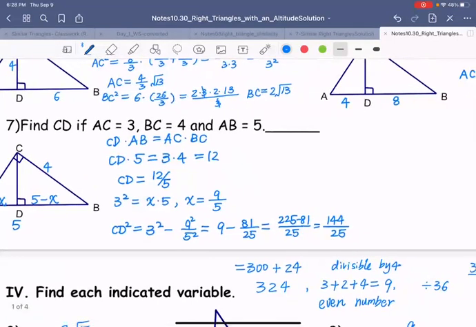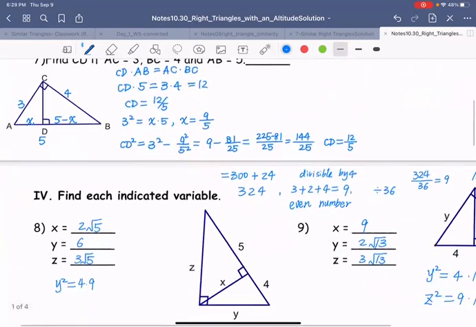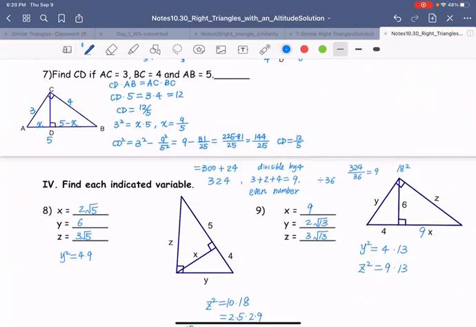So we remember 144 is 12 squared. So 12/5, correct? Okay. This makes sense, right? Yes. Okay, that's number 7.